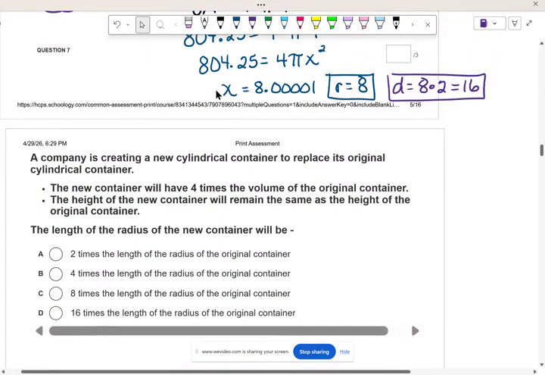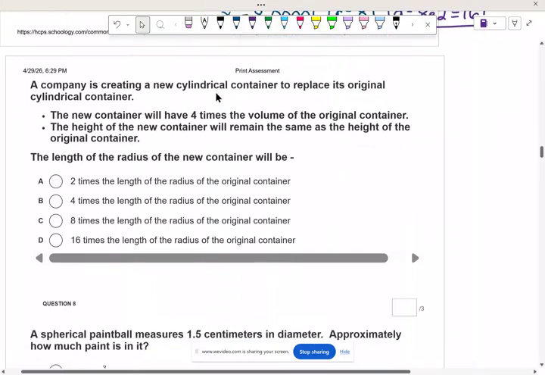All right, let's see. Which number is this? Number 7. A company is creating a new cylindrical container to replace its original cylindrical container. The new container will have 4 times the volume as the original container. The height of the new container will remain the same as the height of the original container. And they want to know, how does the length of the new radius compare to the radius of the original?